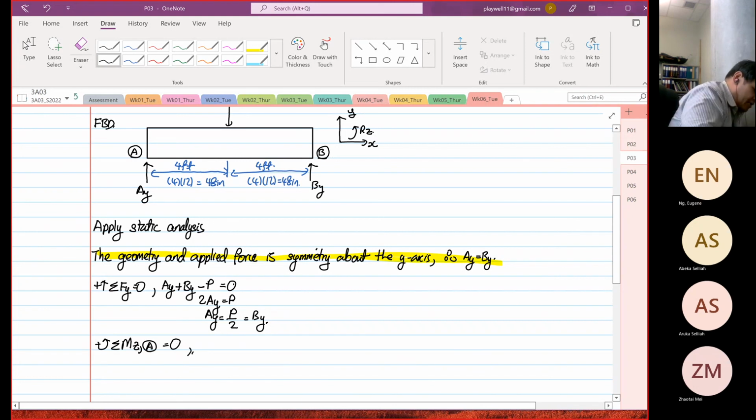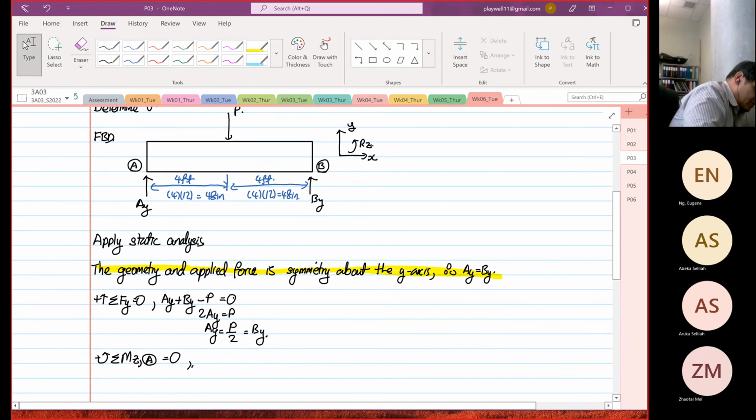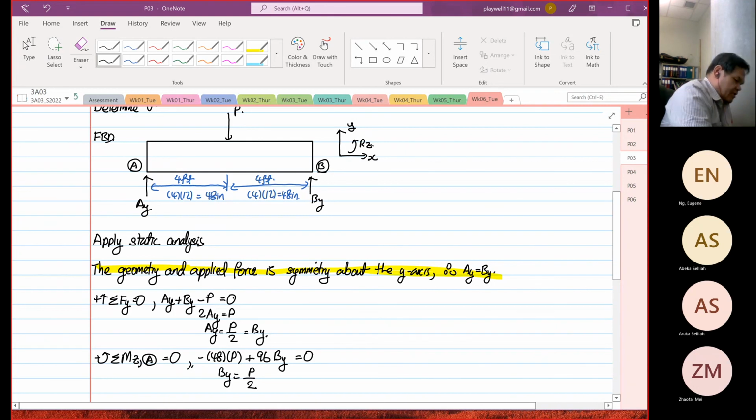We're taking moment at point A, so it's equal to minus 48P plus By times 96, and the whole thing is equal to 0. So By is also equal to P over 2. Then you do summation of forces in the y direction again, and your answer is going to be the same.